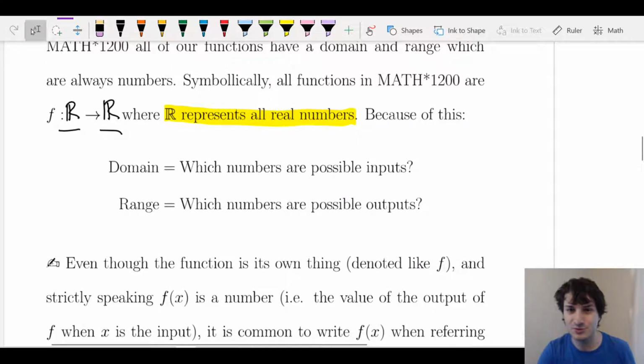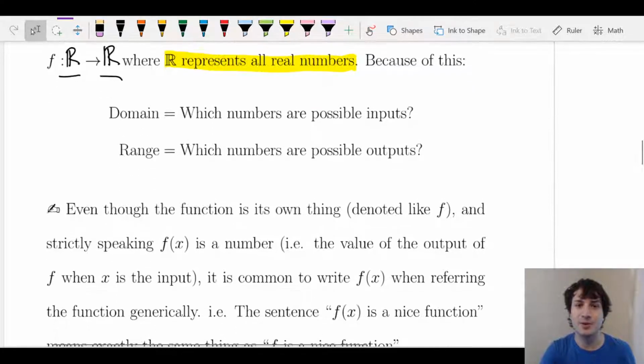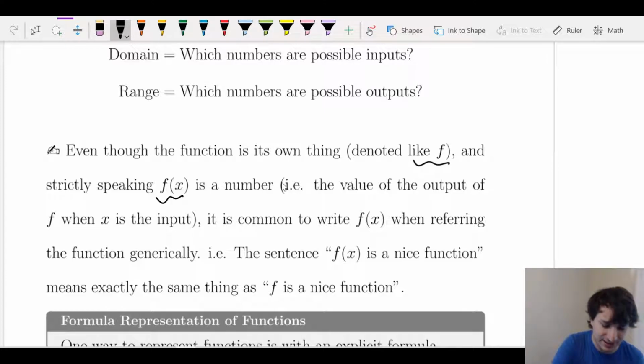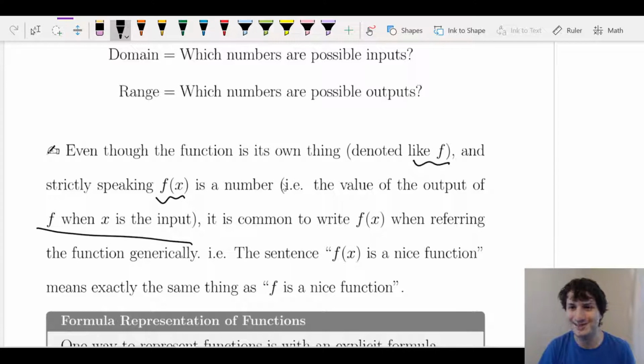Here's one other point of confusion. So far we've talked about a function f, and f of x is the output. So f of x is some number. But oftentimes people mix these up. So even though a function is its own thing, so we call it f for function, and strictly speaking, f of x is a number, right? F of x is the number you get when you input x, the value of the output when x is the input.